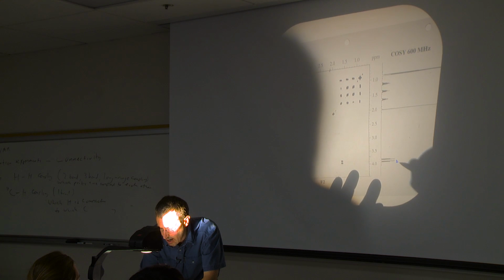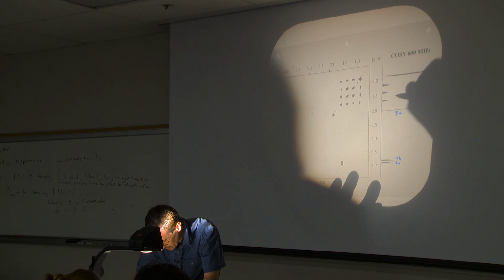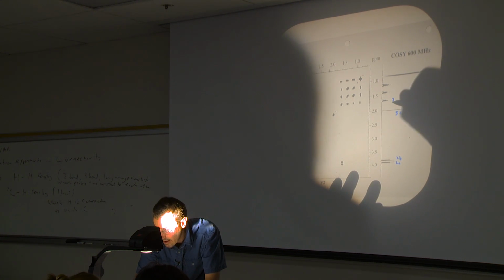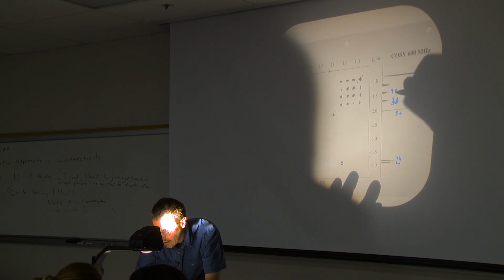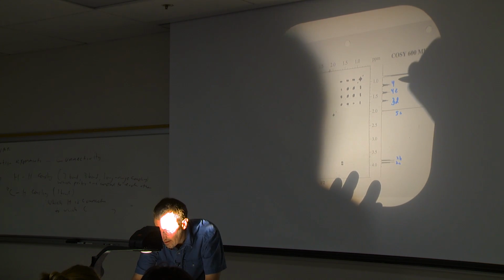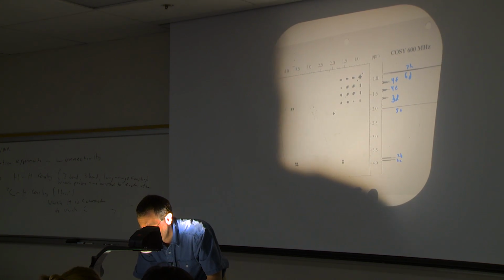So I'm going to transcribe my labels: 2A, 2B, 5C, 3D, 4E, 4F, 6G for the doublet, and 7H for the triplet.